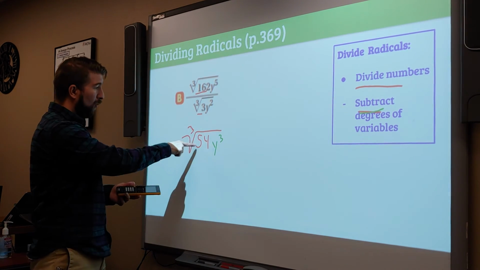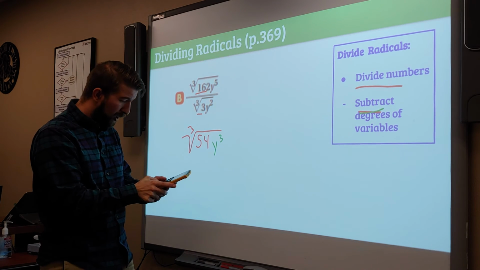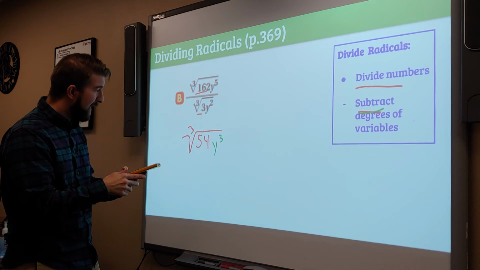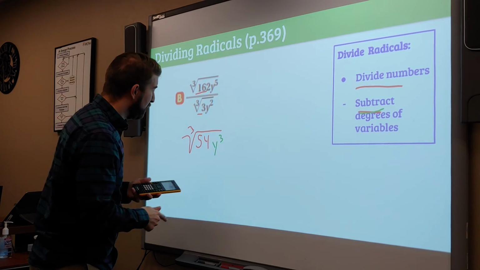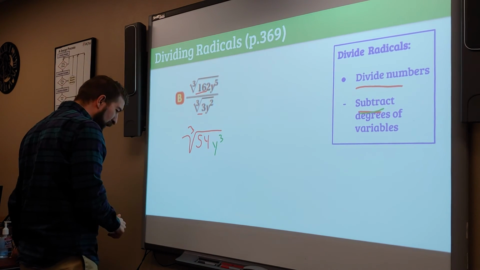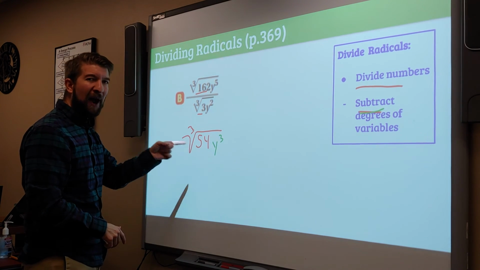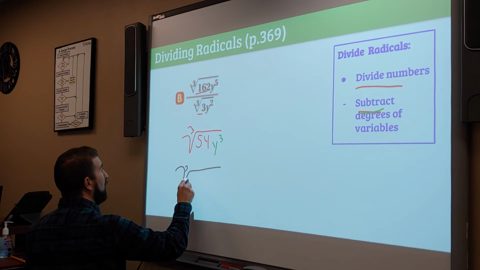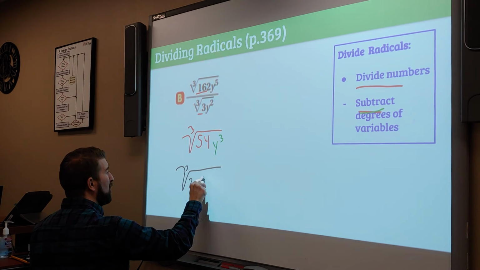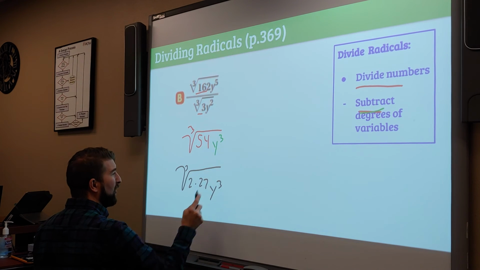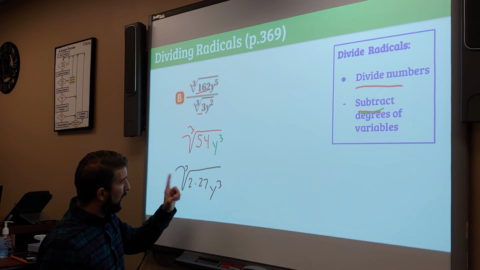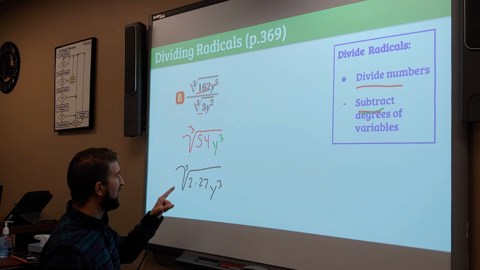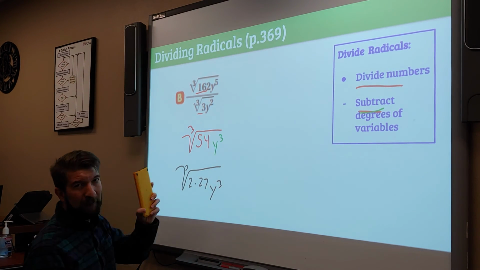I now want to see if there's a perfect cube for 54, because I'm trying to get it in the simplest form possible, and there's not, but I do remember this problem from earlier, and I know that half of 54 is 27, and so I can do 2 times 27 y to the 3rd, and I know that 3 times 3 is 9, and 9 times 3 is 27, and I would also be able to look this up on my calculator.